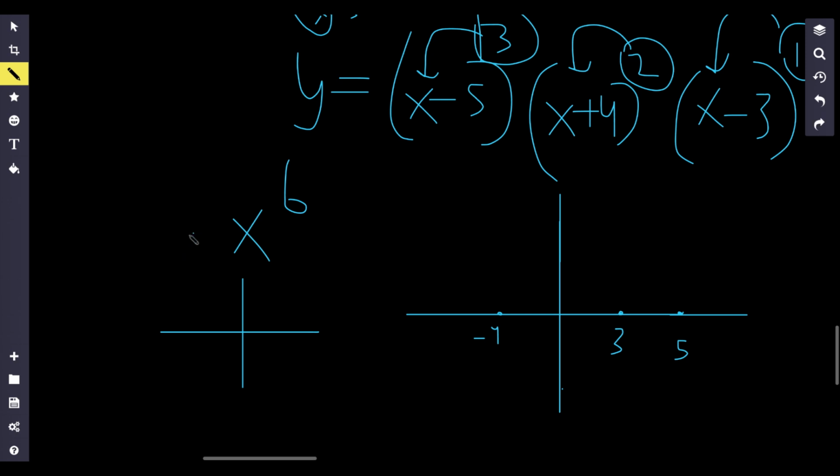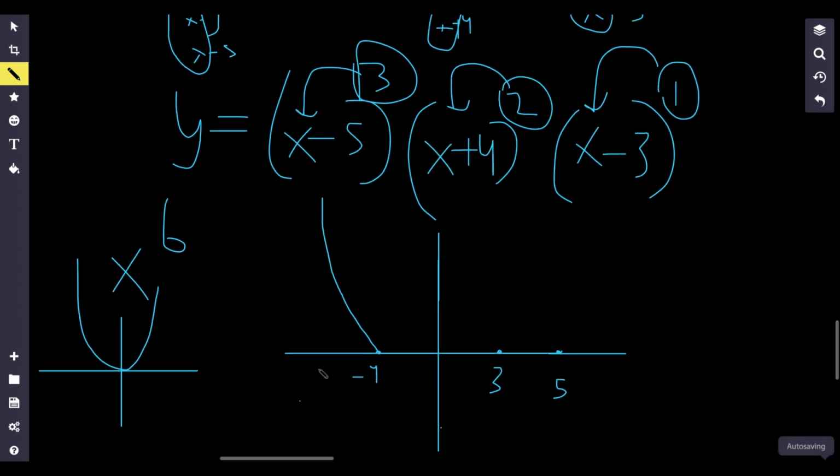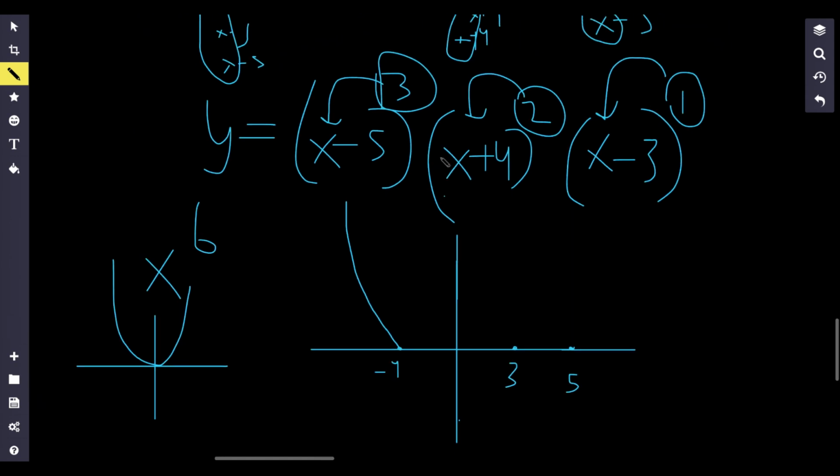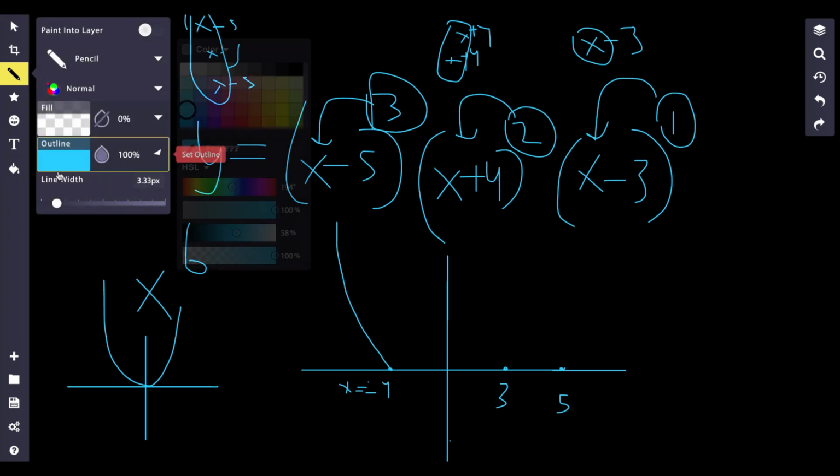This function looks something like this. It looks like a parabola, right? We know that because the exponent is even. Even exponents have this U shape. So that means that we are going to start all the way up here. It's going to touch this root. Now, at x is equal to -4, let me switch to another color.